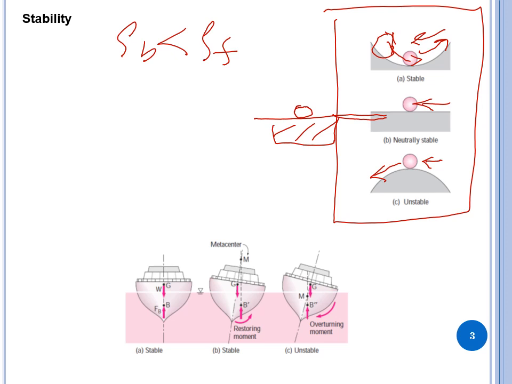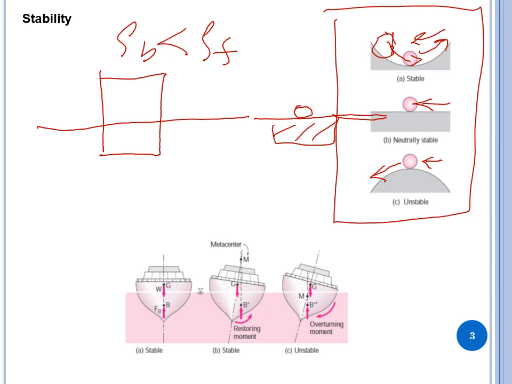Now to apply this concept on objects that are submerged in a fluid, whether partially or fully, I just draw a simple example. Let's suppose I have a rectangle. This is a rectangular solid object.